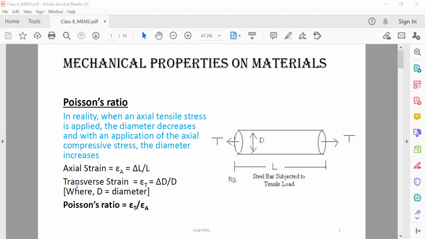The transverse strain, epsilon t, is the change of diameter divided by d. Poisson's ratio is epsilon t divided by epsilon a, that means the transverse strain divided by the axial strain. That is called Poisson's ratio.